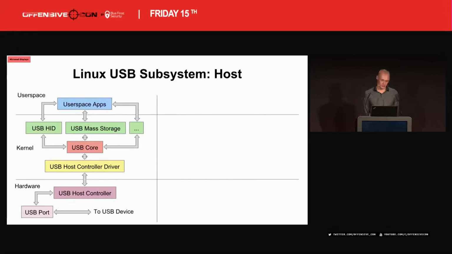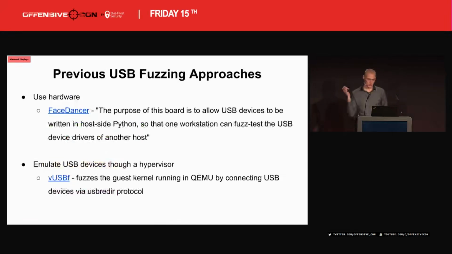Here I have USB HID, USB mass storage, and there might be more. Those drivers expose themselves to the user space somehow. For example, when you plug in a webcam, it gets exposed as /dev/video0 or whatever. And this is an overview of how the host subsystem of the USB works.